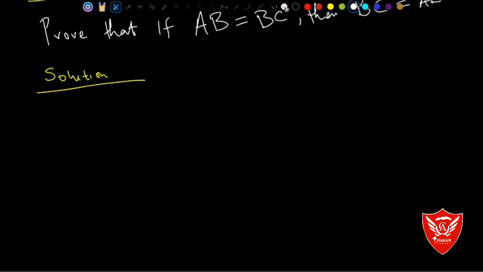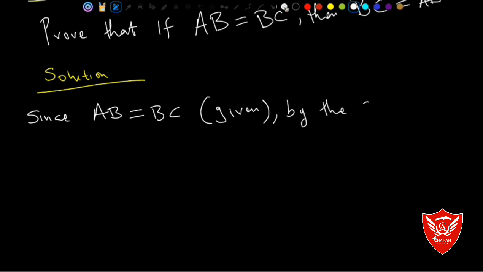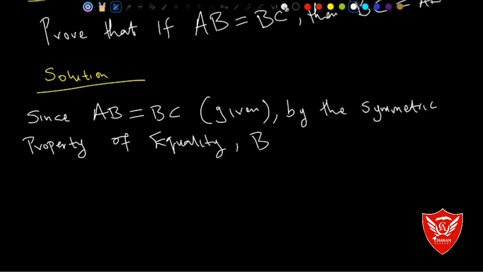We are going to say, since AB equals BC, and that's the given information, by the symmetric property of equality, BC is equal to AB.